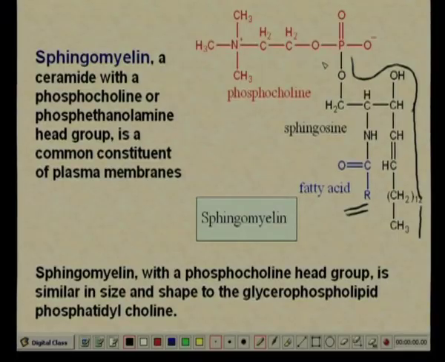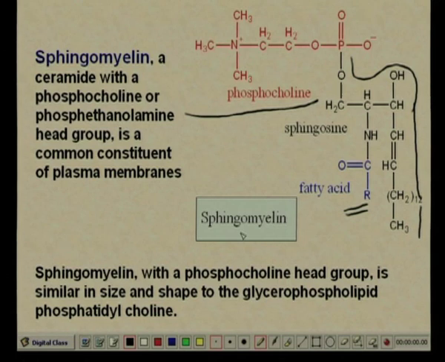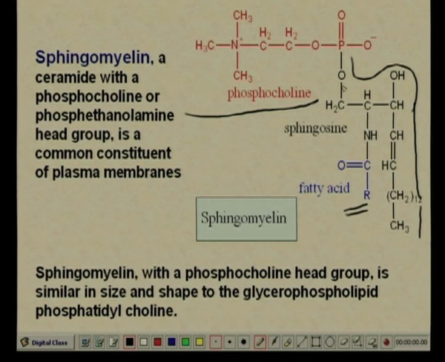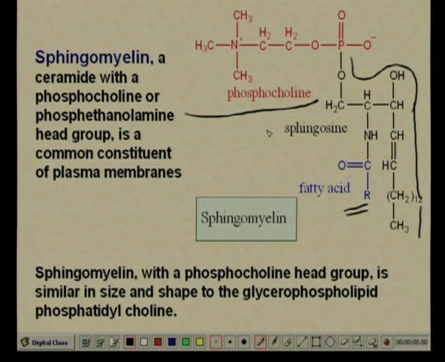And what do we have here? Remember there was an OH here. So, this can attach to another group, forming a sphingomyelin, which is a ceramide with a phosphocholine. What is a ceramide? A ceramide is when you have the OH here, the amide here, and the sphingosine as it is.